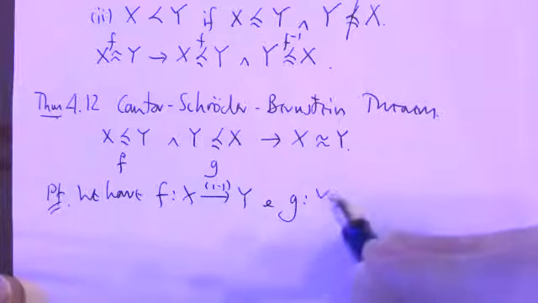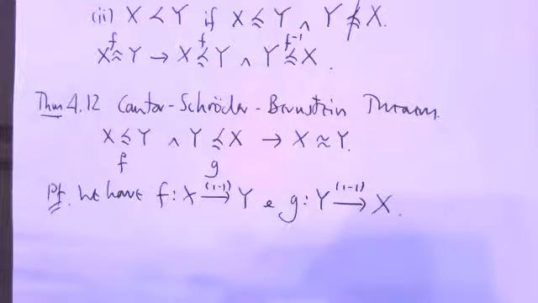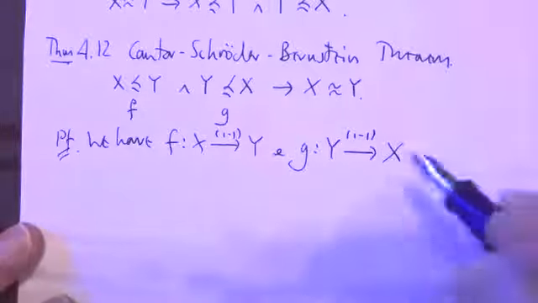And we have g going backwards. And somehow out of these building blocks, we're supposed to find a bijection between them.